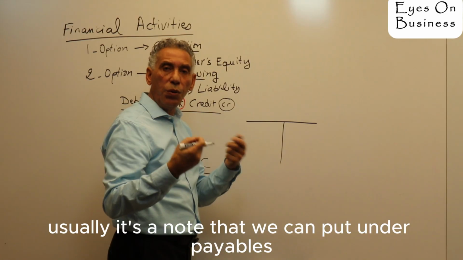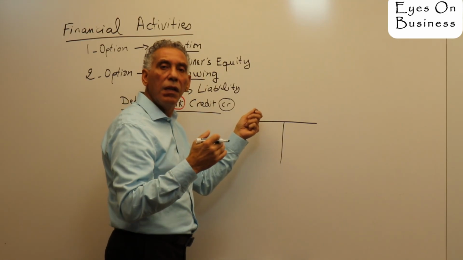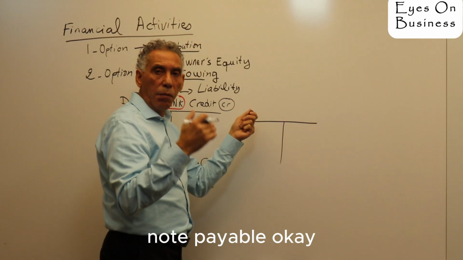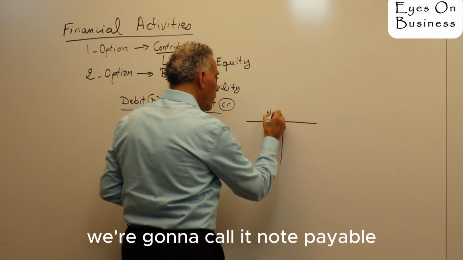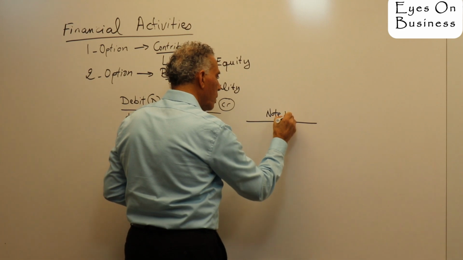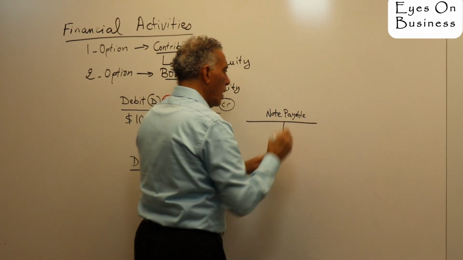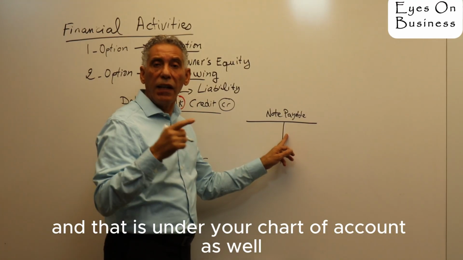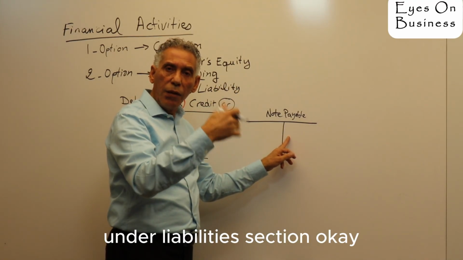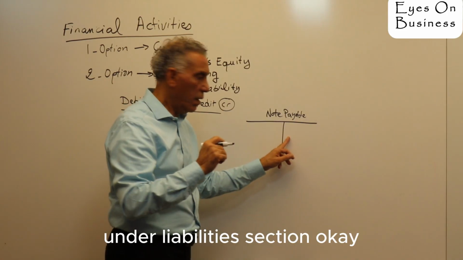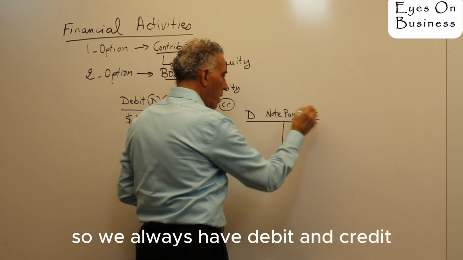Usually it's a note that we can put under payables. Note payable. And that is under your chart of accounts as well, under the liabilities section. So we always have debit and credit.